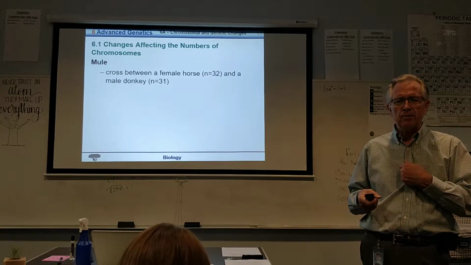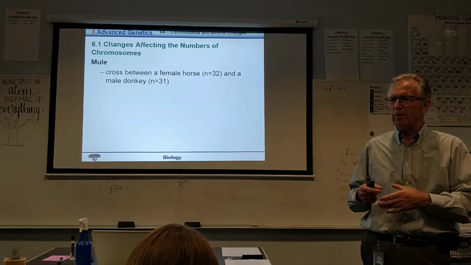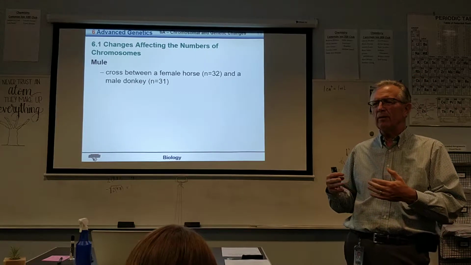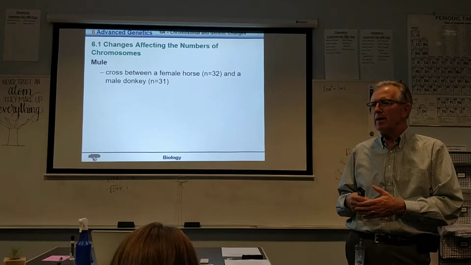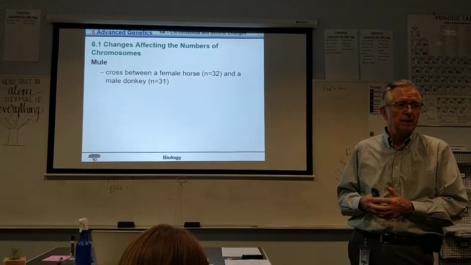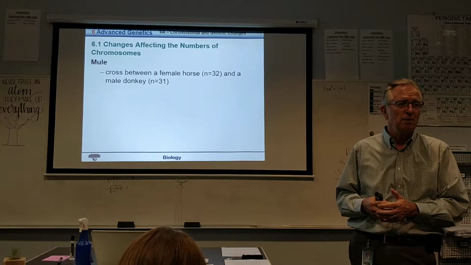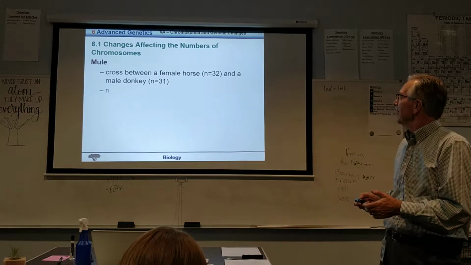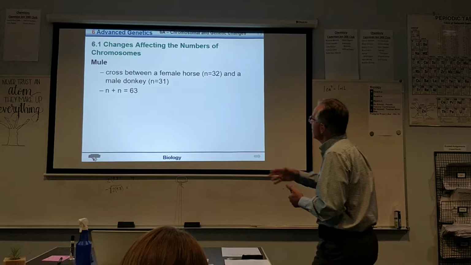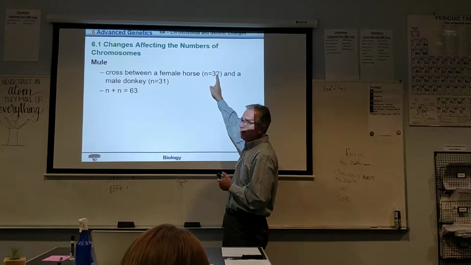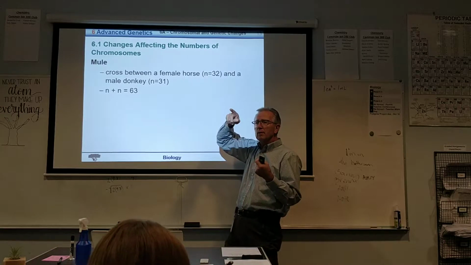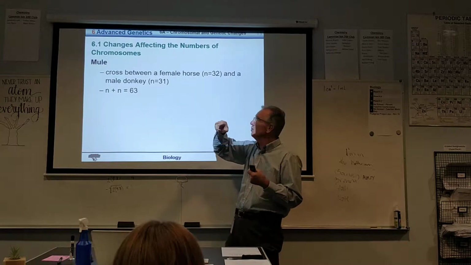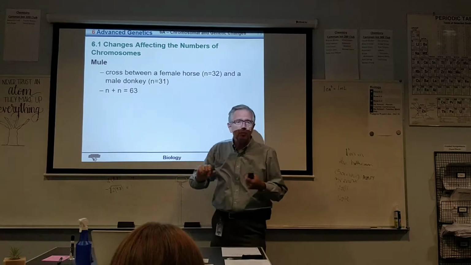I remember my dad during World War II worked up in the mountains building flood control dams and stuff like that. And they used mules. And why? Because they could carry so much. They were just really sturdy animals. But what happens there is the horse has, let's say, an n number of 32, and the donkey's is 31.